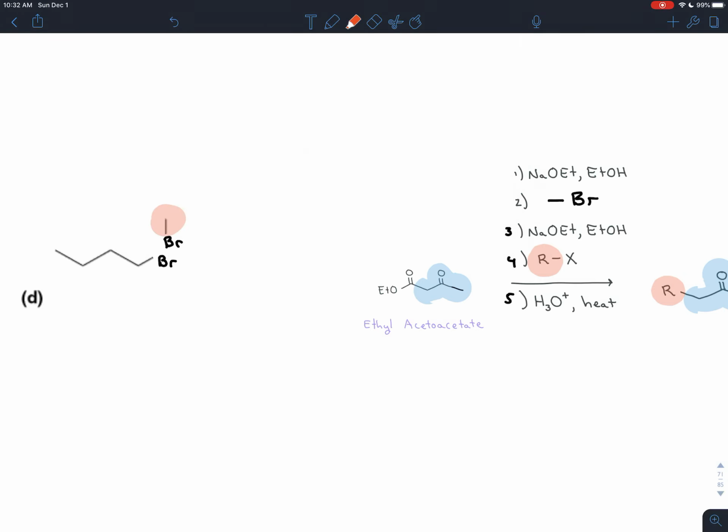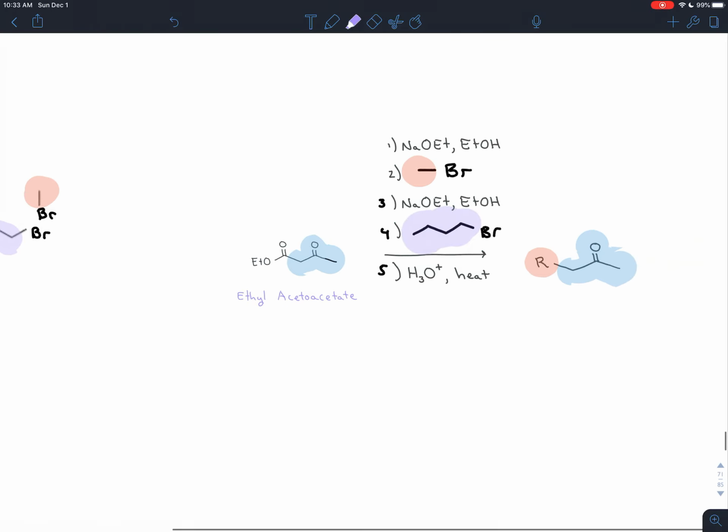So that would be like this here. And for the second one, what we have is 4 carbons. So 1, 2, 3, 4, and then the bromine. So that's our second group there. And we just fill that into the otherwise standard recipe.